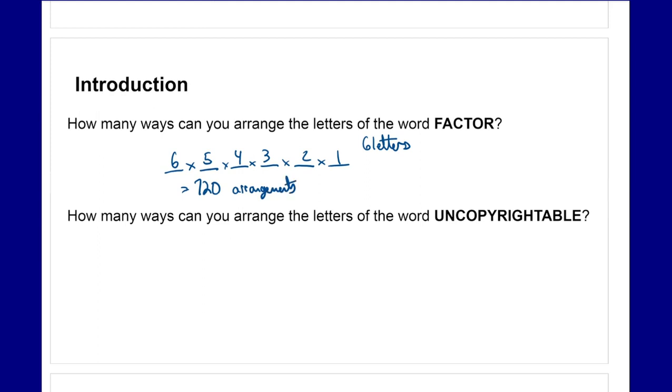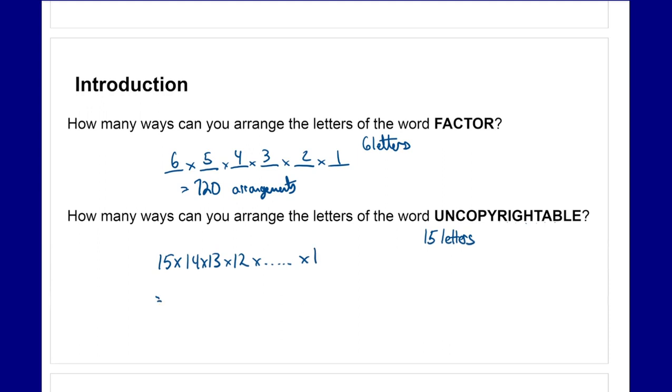How many ways can you arrange the letters of the word uncopyrightable? Well, 1, 2, 3, 4, 5, 6, 7, 8, 9, 10, 11, 12, 13, 14, 15. So there are 15 letters. Now I could go through and do every single slot, or I could use my previous knowledge and know that I am doing 15 times 14 times 13 times 12 times all the way down till I get to 1.